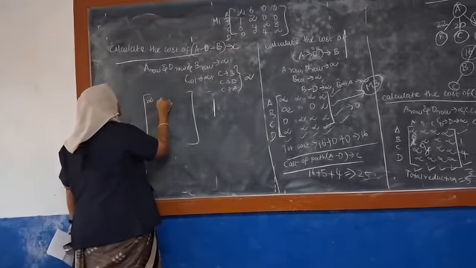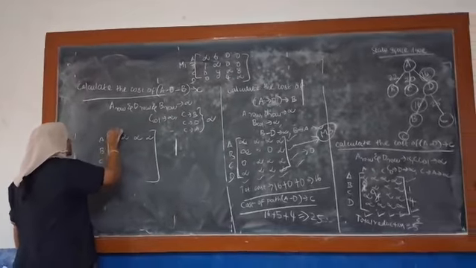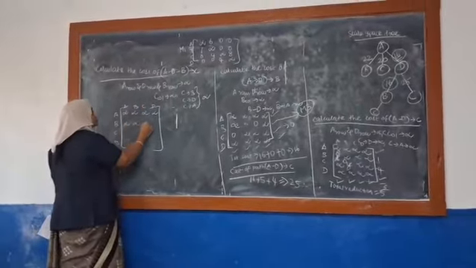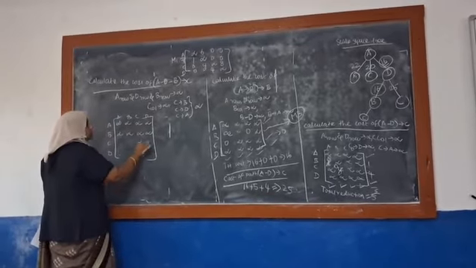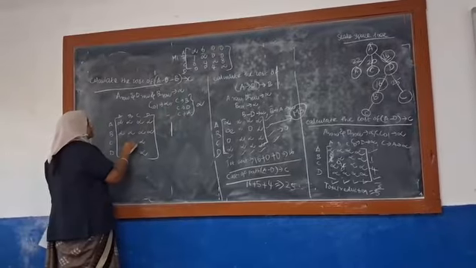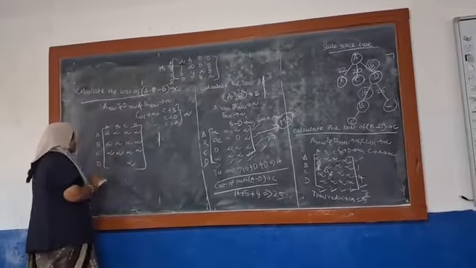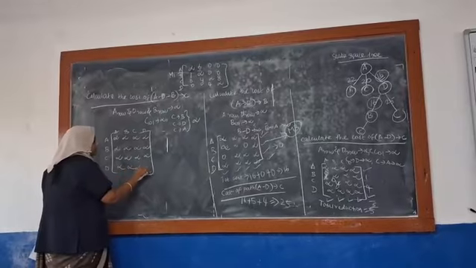So the A row is filled with infinity, B row is also infinity, the C column is infinity, C to B is infinity, and C to A is infinity. The rest of the values you just take from here. So this is also infinity.